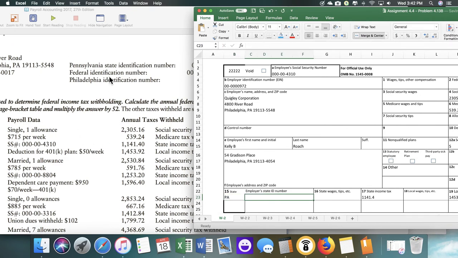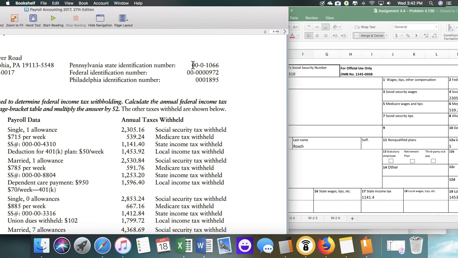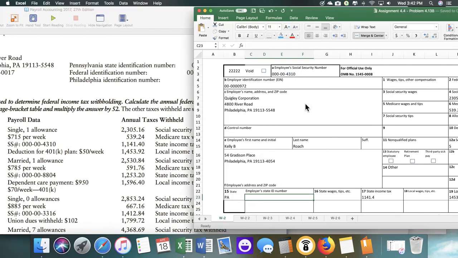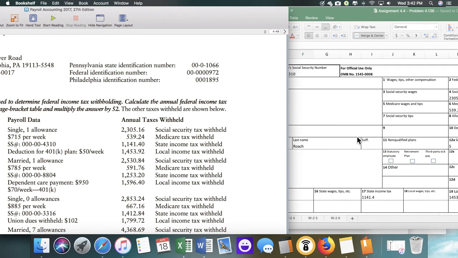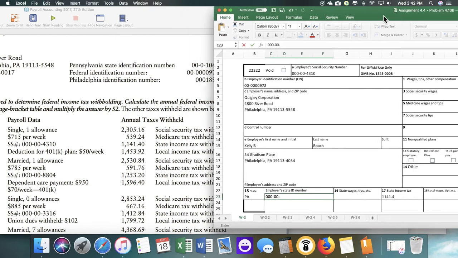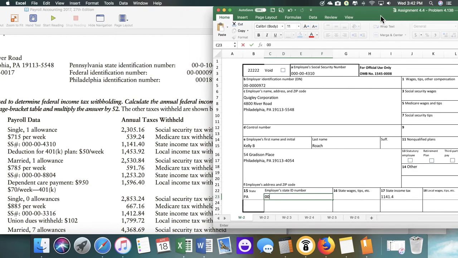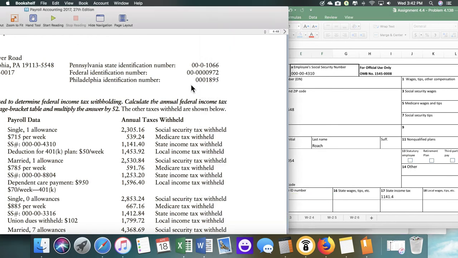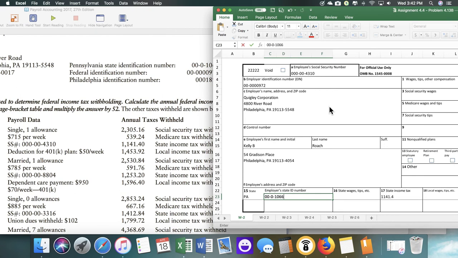Employer's state ID number will be up here, the 00-0-1066. And again, these two items would be copied on the rest of the information.